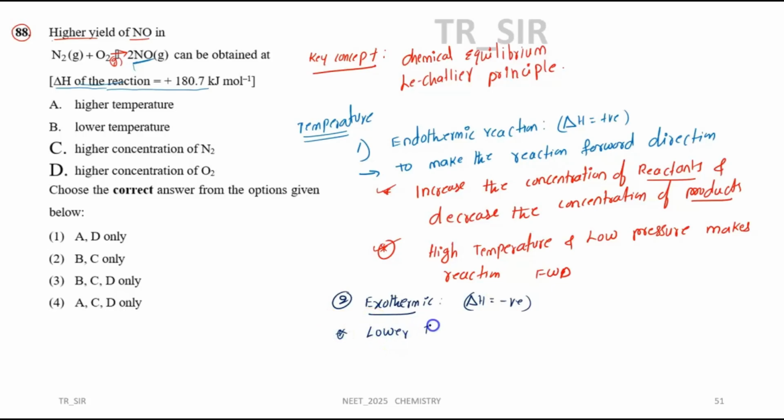That means lower temperature and high pressure will be favorable. Low temperature and high pressure make the reaction go in the forward direction.